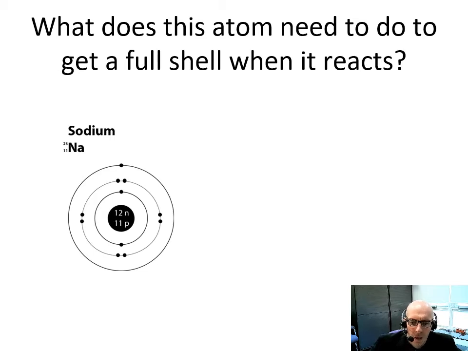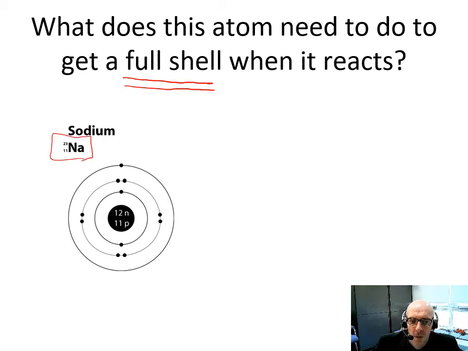Okay, so back to the question for today. Why do atoms even react in the first place? And it's because of rule number 9. They want to get a full shell. So here I am, and I've got my sodium from the periodic table here, and I've drawn out my sodium.